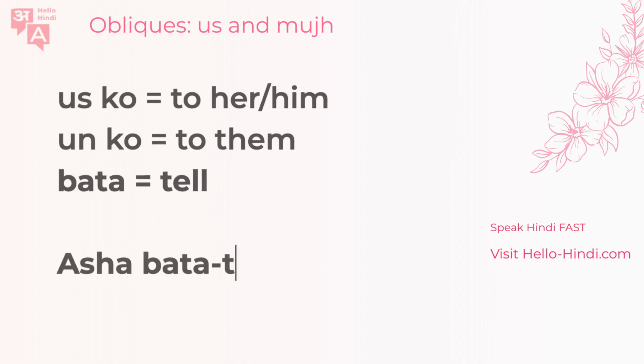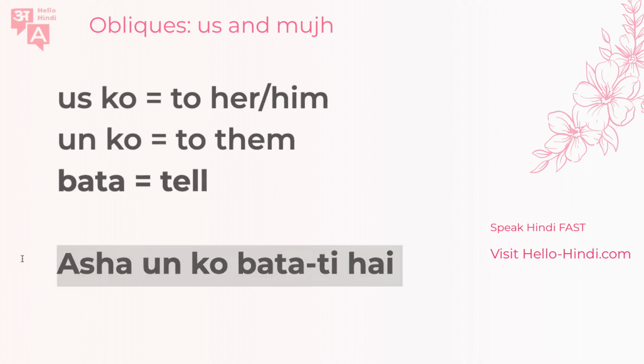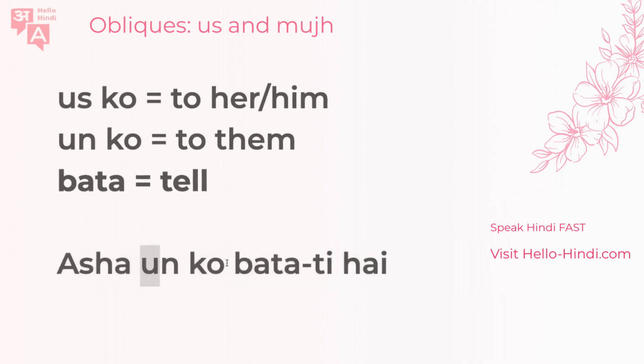Asha batati hai unko. Asha tells them. Okay, you can also say Asha unko batati hai. This is also correct. In our flashcards and memorizers, we've used it this way because this is the textbook way of doing it. But of course, you'll hear people put the unko in many, many places in the sentence.